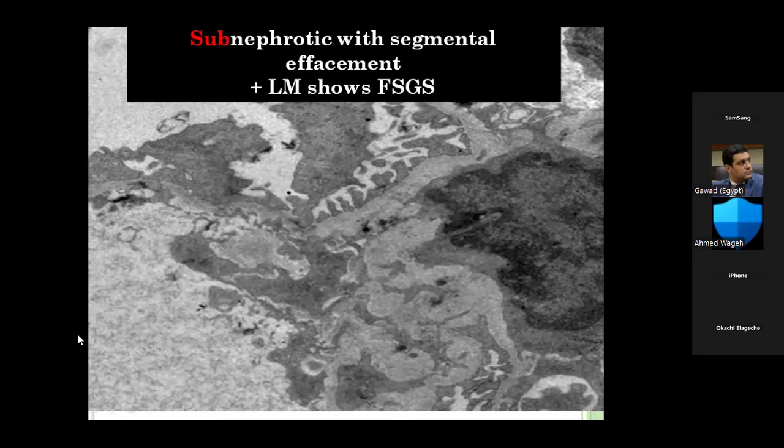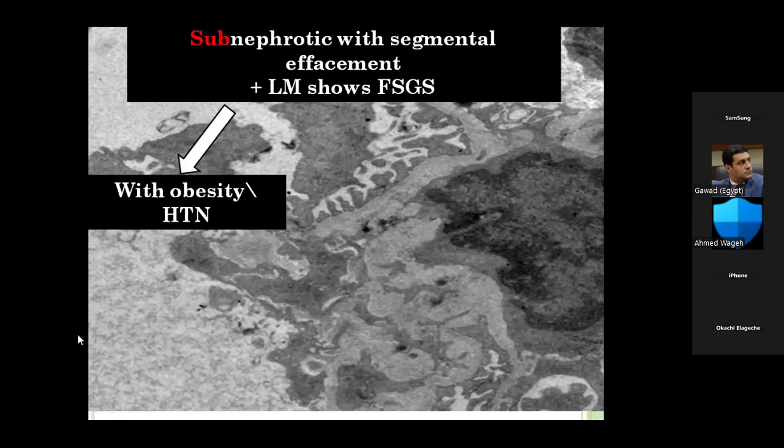Okay. Another case scenario: a patient with a subnephrotic range of proteinuria with segmental effacement, plus light microscopy showing focal segmental glomerulosclerosis, with obesity and hypertension.